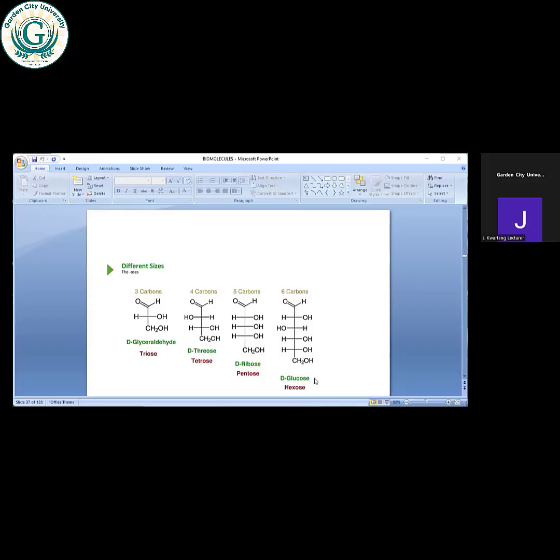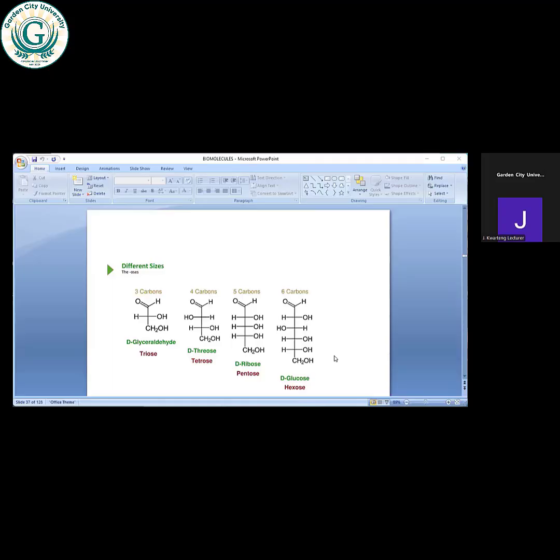Then you have mannose, and then you also have sorbose, and fructose. All these are common examples of hexoses. Then we have heptose and so on. All right, so this is the first categorization employing the number of carbon atoms present in the molecule.